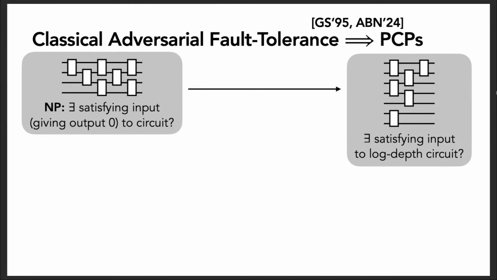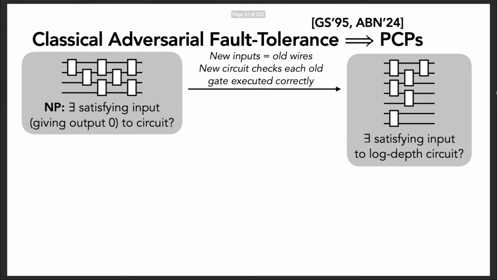The first step is we just compile this general circuit into a log depth circuit. And this is actually a pretty simple reduction. We create a new circuit where the inputs are the wires, the space-time locations of the original circuit. Then the new circuit first goes through every gate in the original circuit and checks that the gate's inputs are consistent with the gate's outputs.